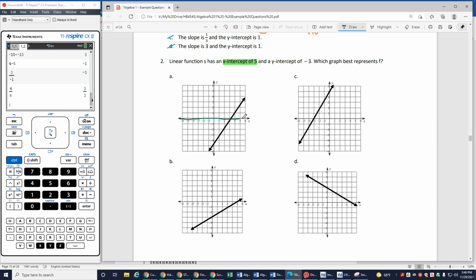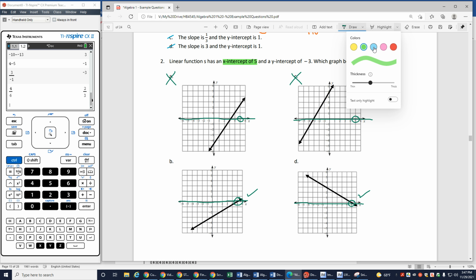I'm going to want to cross that horizontal axis at 5. My x-axis, I want to cross it at 5. So we can see this one works and this one works, but these two are not crossing at 5. This one's crossing at 3. This one's crossing at -3. We can already eliminate A and C.